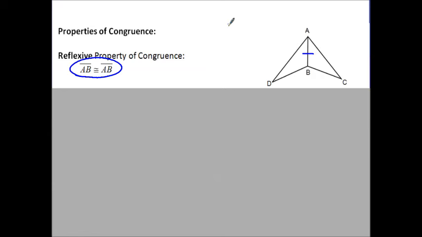Now we could also have two triangles that don't touch each other. The triangles had been like this. Then segment AB would still be congruent to itself.